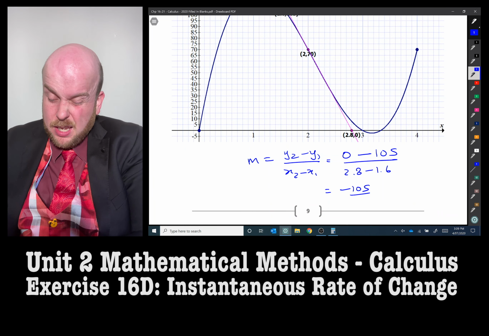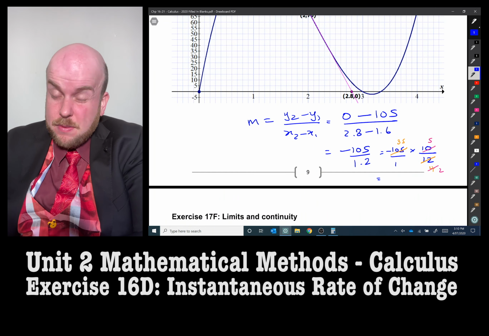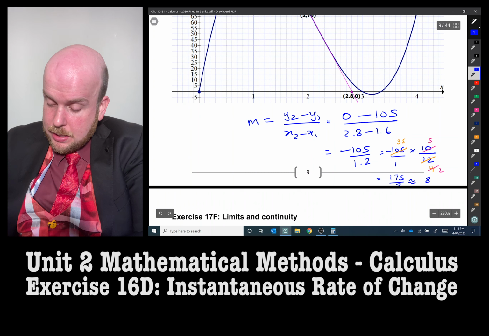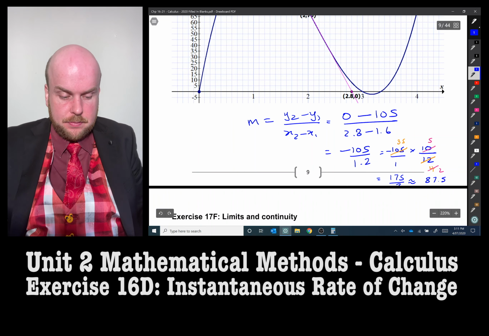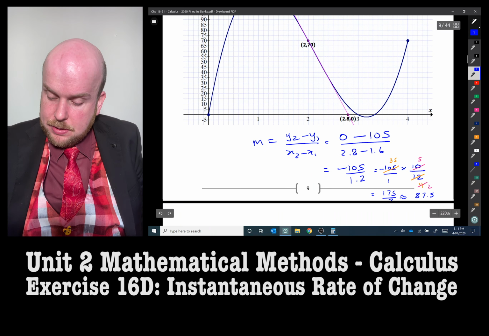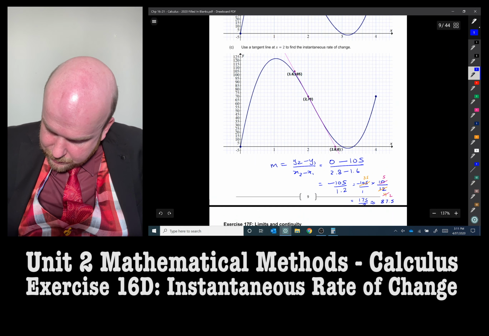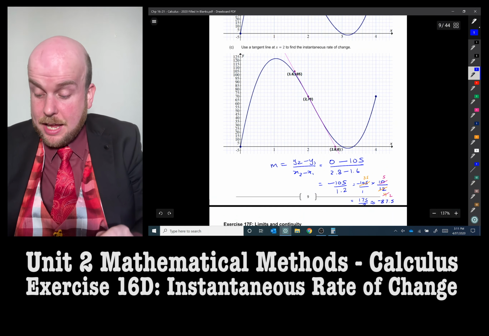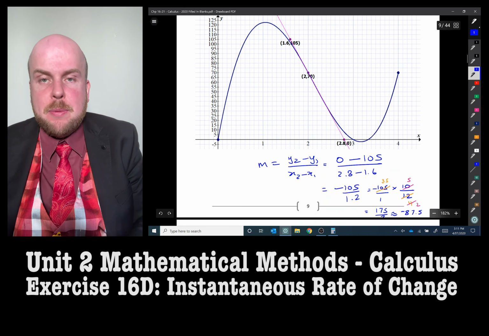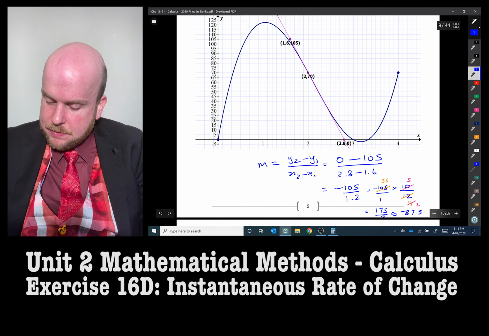So that's going to be, come on, one remainder, so that's going to be 87.5. There we go. And it should be a negative, because I keep forgetting my negative sign. And that's a common mistake, is people forget their negative signs.